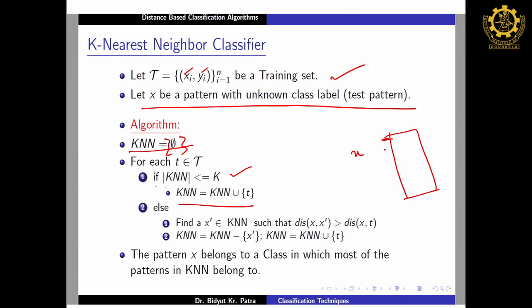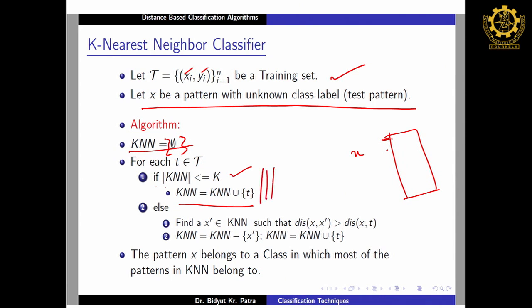Again you include the next point, because the size is still less than k. Let us say k value is 10. So you keep on adding the first 10 points. First you consider the first 10 points as the probable k nearest neighbors. So, this is the set here.